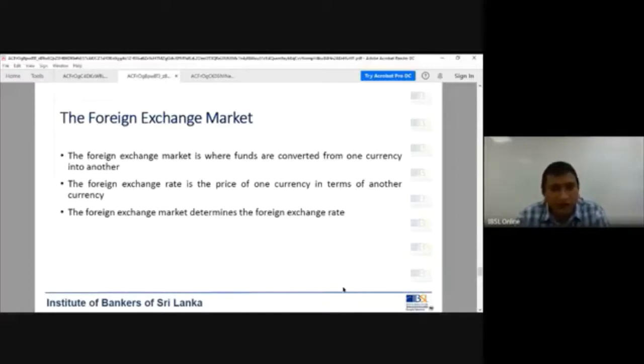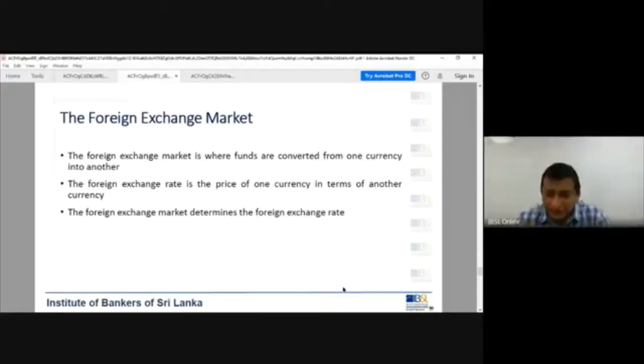And then in the market, you determine the foreign exchange rate because you exchange, convert one currency to the other, through which you define the exchange rate, mainly through demand and supply forces for that particular currency, right? So when you say exchange rate, you should be able to say it is the price of one currency expressed in terms of another currency.